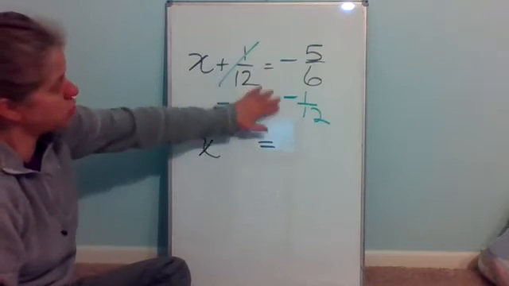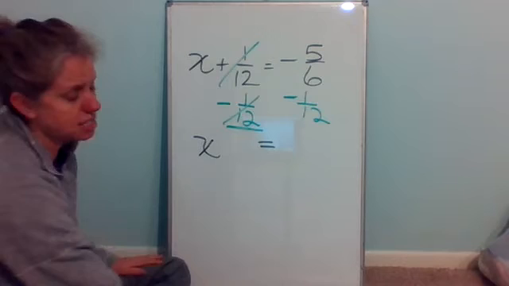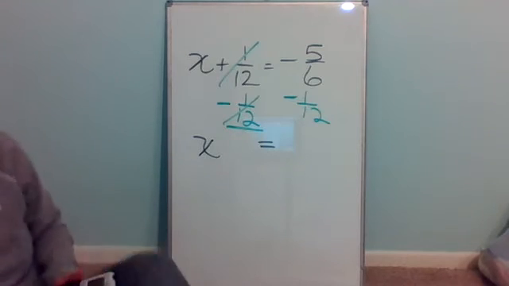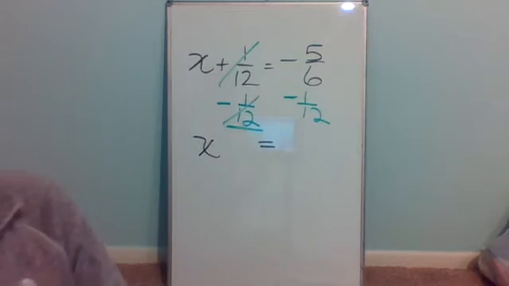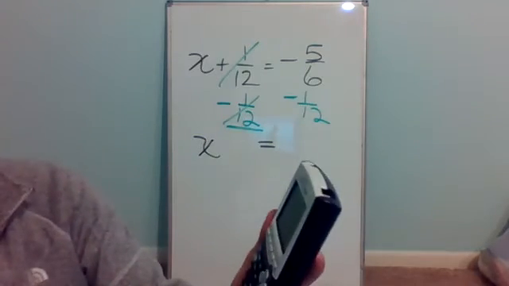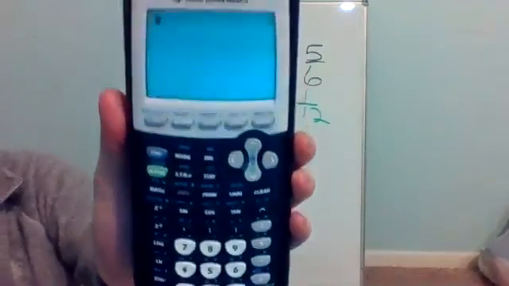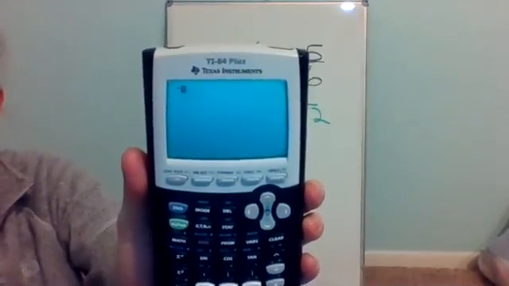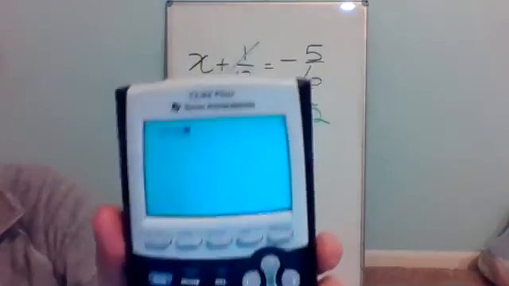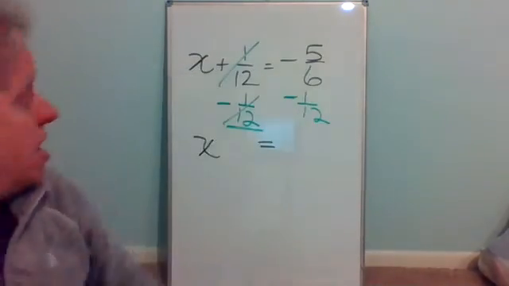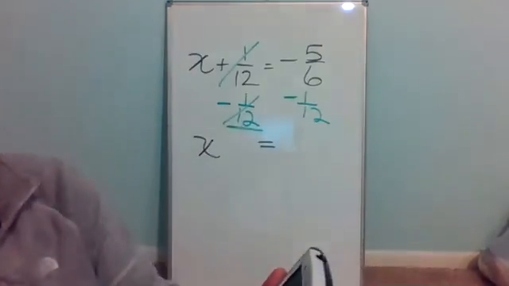equals. So this is what traditionally is the hard part, right? We have to do -5/6 minus 1/12. Well, now I can just type that into my calculator. Tell it exactly what you want to do. Remember your negative button is the one below the 3. So -5/6, so 5 divided by 6, and then minus 1/12.